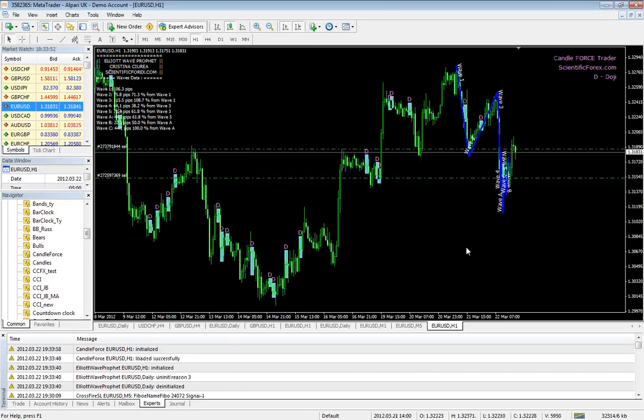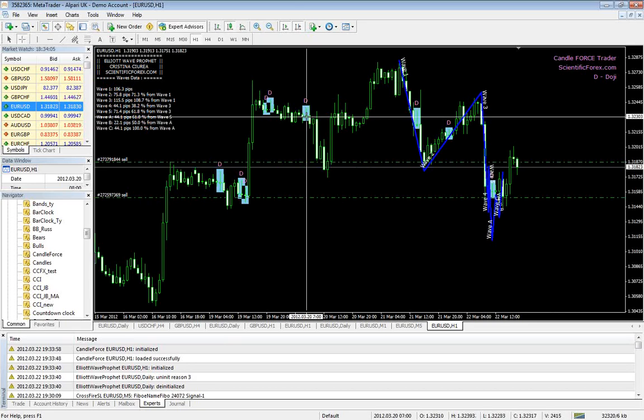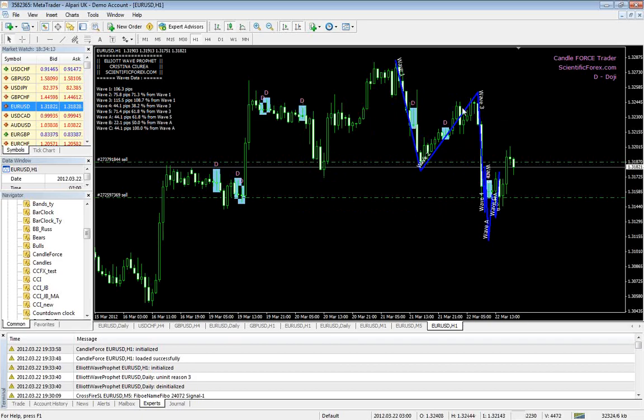Click OK and just follow where you can see the doji and what it has done in the previous market. We can see a lot of dojis in here and the price went all the way down. We can see a lot of dojis here and the price went down in here. We can see a doji here, it also predicted the price to go lower.